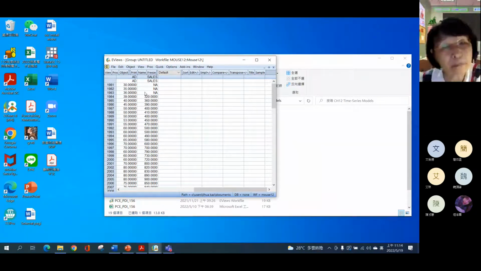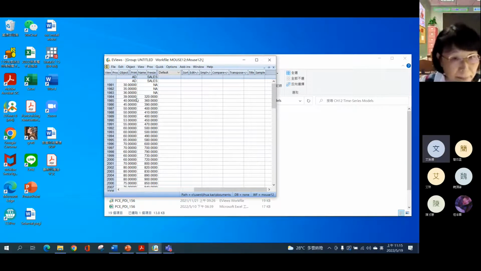One thing better about using the packages is that if you don't really care about your data, the computer will eliminate the observations it doesn't need for you. You don't have to do it by yourself. Okay, I got it.